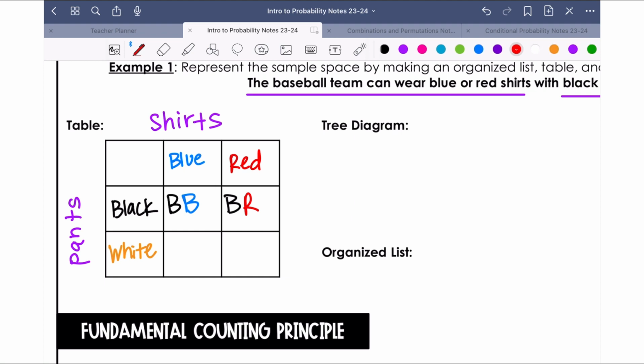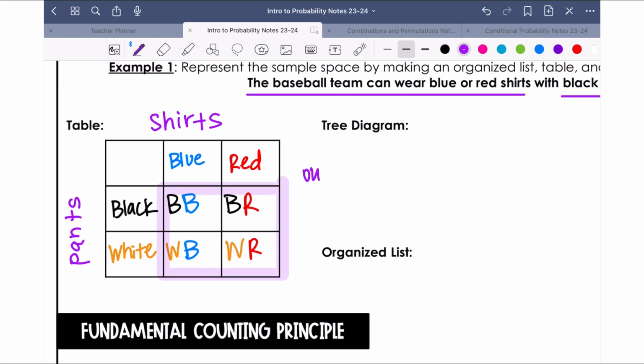All right, and then the other option with white pants is white pants with a blue shirt or white pants with the red shirt. Okay, and that's it. That's the possible outcomes. So your outcomes are represented in this part of the table.